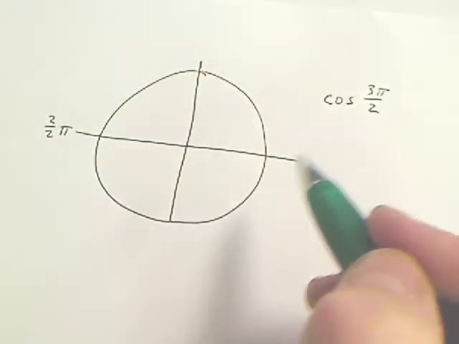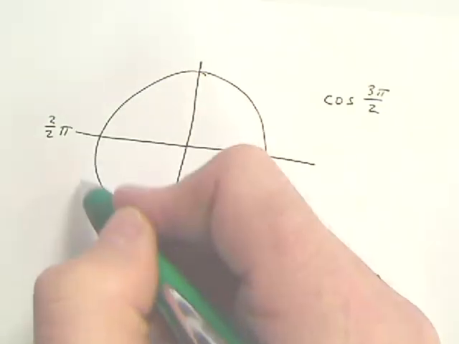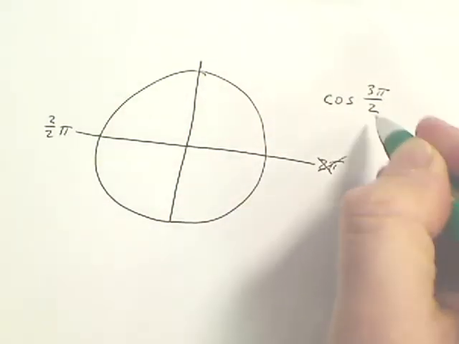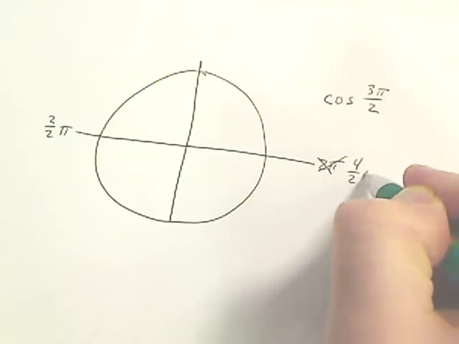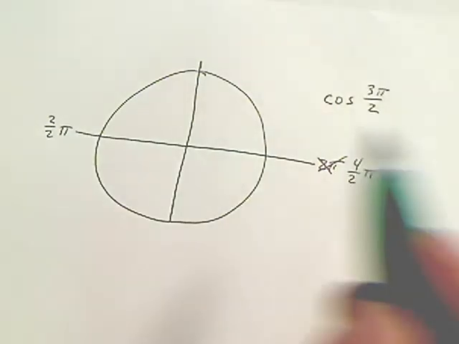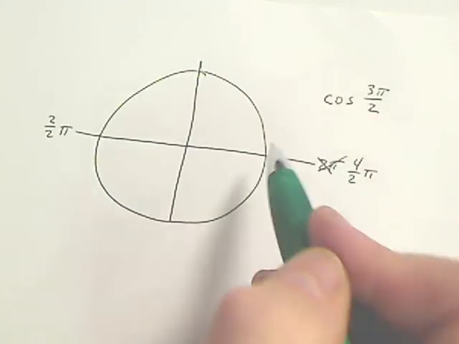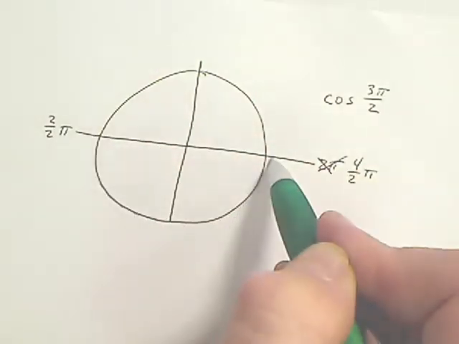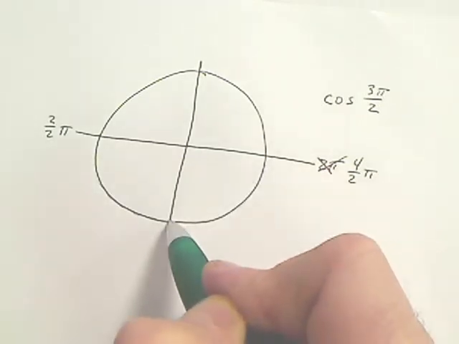Sometimes 3 over 2 is hard to remember for some, so if you remember going all the way around is 2 pi, but we're going to change that in terms of 2s, so 4 over 2. It might be easier to see now 3 over 2. If you get all the way to here, you're at 2 over 2. All the way to here is 4 over 2, so 3 over 2 was directly in the middle of that location, or straight down.